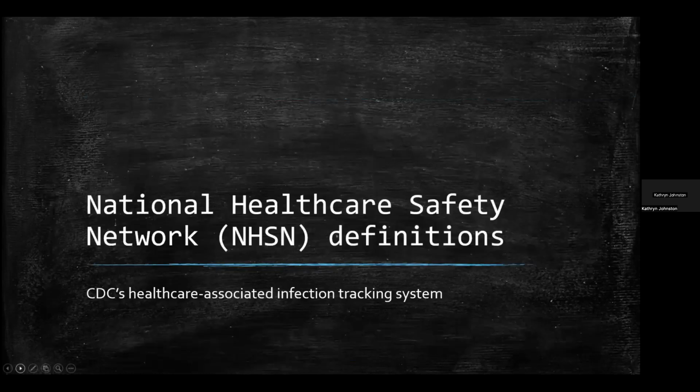So the next component I want to talk about are the case definitions. And the use of standardized definitions is crucial because you need it for the reliability of that HAI surveillance information.